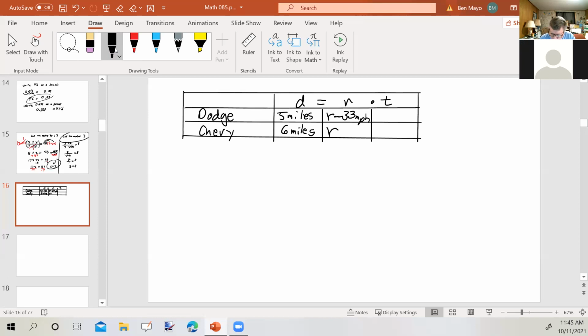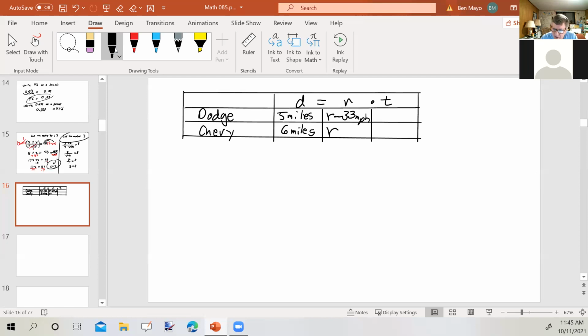So we know the distances, we know their related rates. Do we know anything about the time? Yes, we do. It says, at their top speeds, a Corvette can travel 6 miles in the same time that a Charger can travel 5 miles.